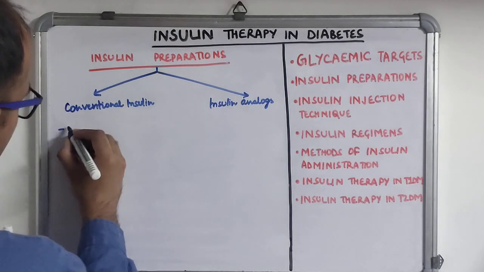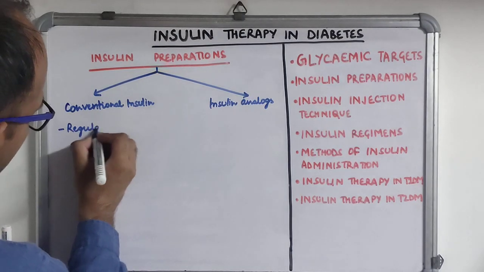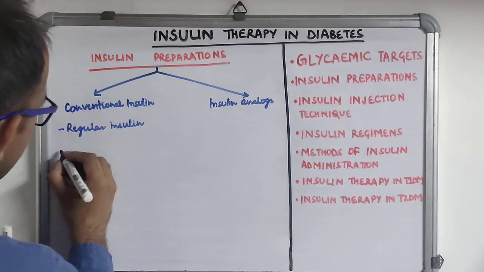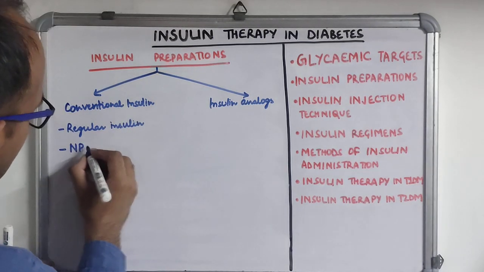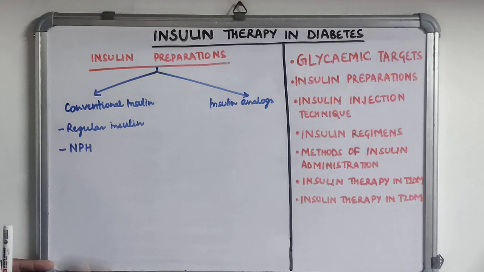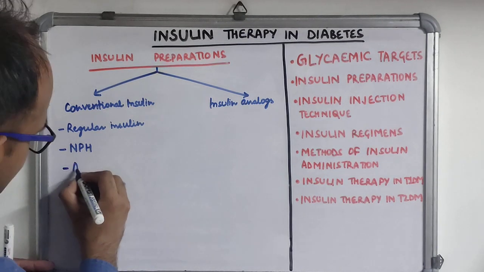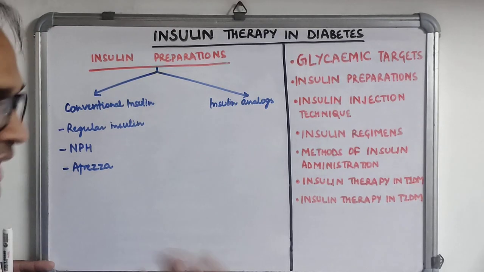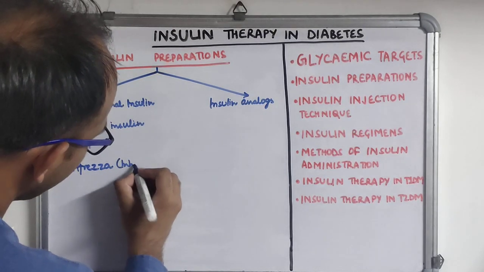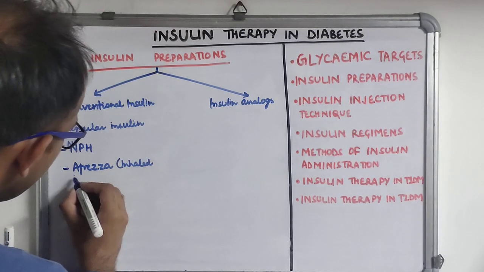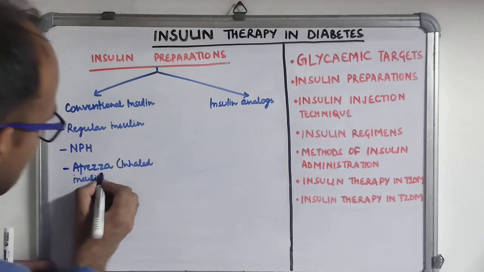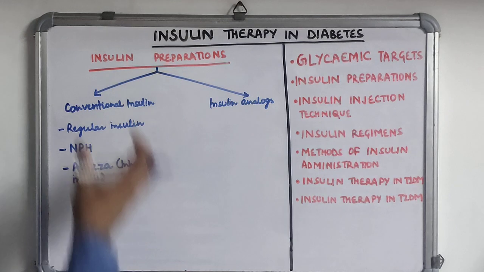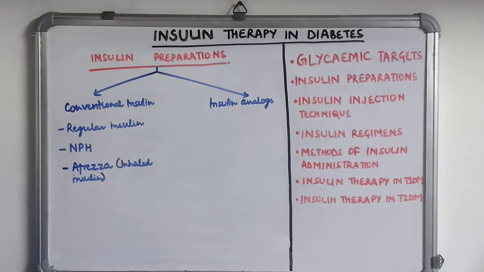It includes regular insulin, also known as Actrapid, NPH, neutral protamine Hagedorn insulin, and also I will consider here Afrezza. Afrezza is a type of inhaled insulin, a dry powder formulation of recombinant regular insulin. So these are conventional insulin.